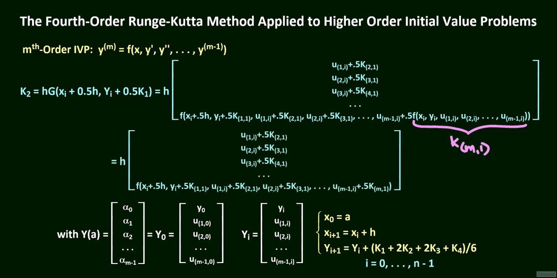We set this equal to the vector k sub 1 2, k sub 2 2, etc., all the way down to k sub m2.